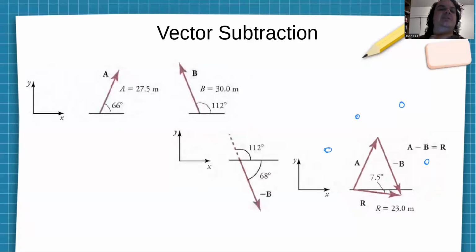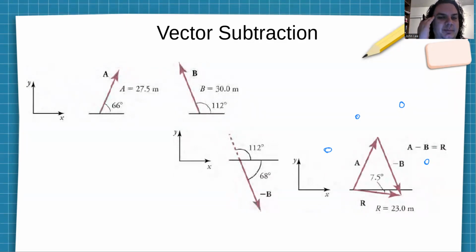So vector subtraction is much the same, except instead of having A plus B, you take A plus negative B to find the vector A minus B. So when you look at this selection, A is going to be pointing up and to the right.